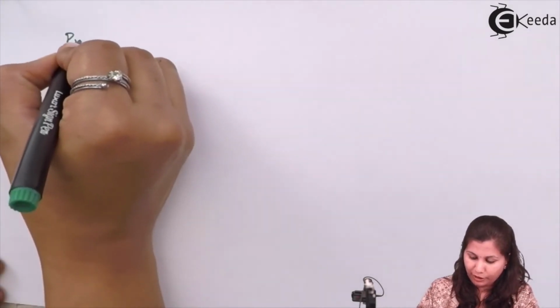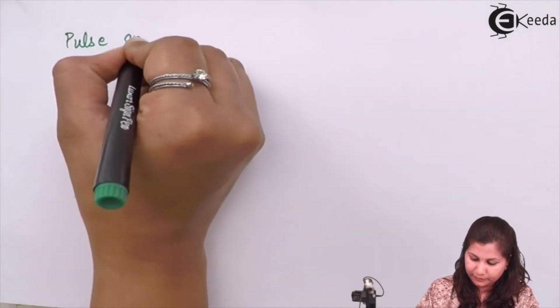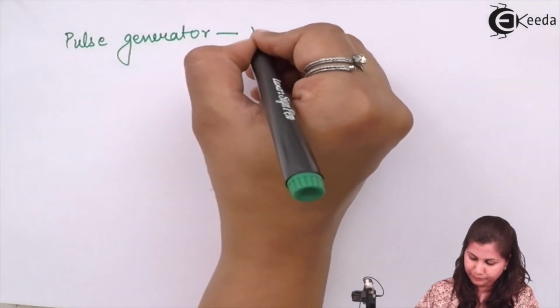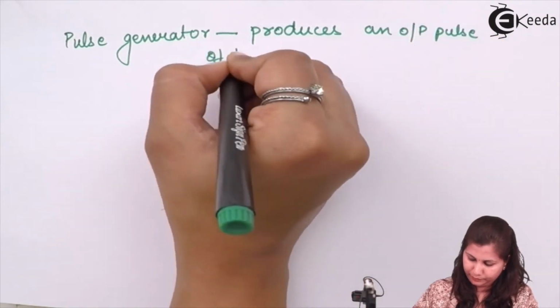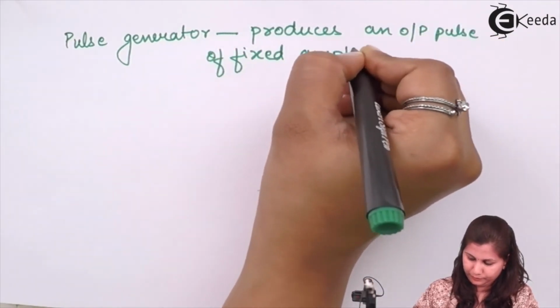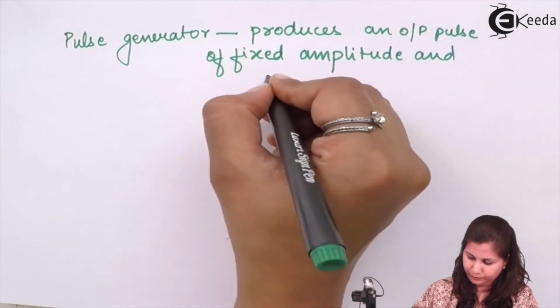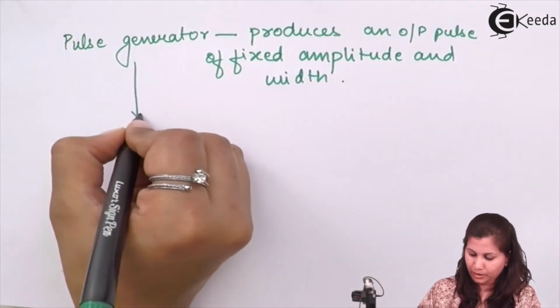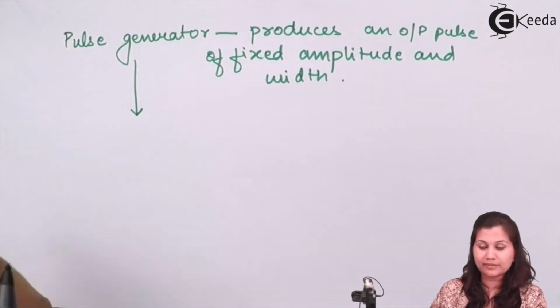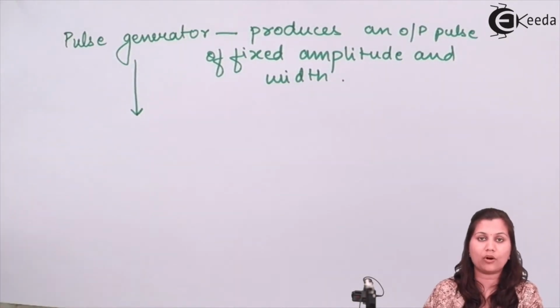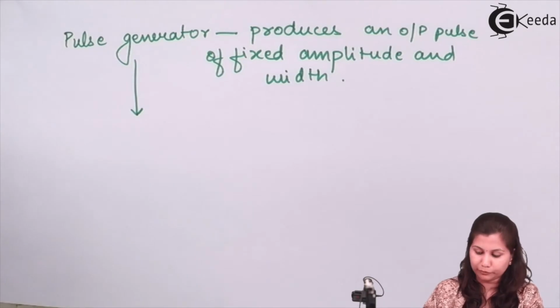So now comes the function of the pulse generator. Now this output pulse is of opposite polarity. We have seen that the output voltage is of opposite polarity with the input voltage.